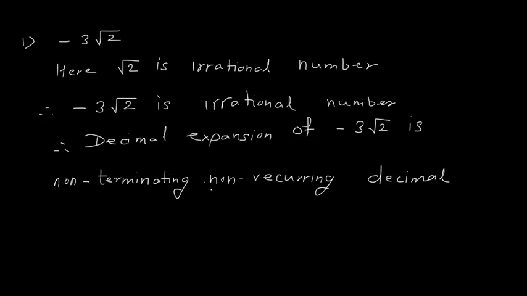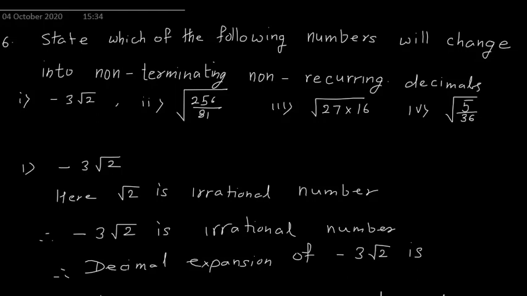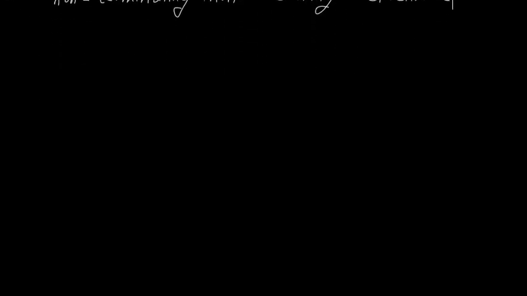Okay, simple. Now the second question is square root of 256 upon 81. Now square root of 256, if you remember, 256 is the square of 16 and 81 is the square of 9, so you can write this as 16 upon 9.